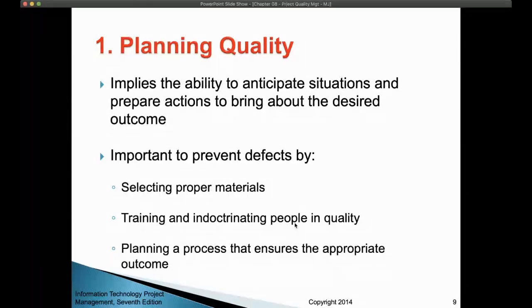Based on this, you put the measures or the checkpoints to ensure that these wrong things or defects cannot happen. So you try to prevent them.